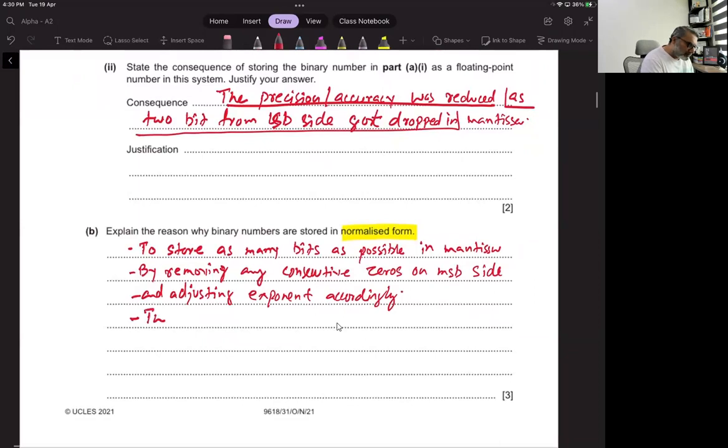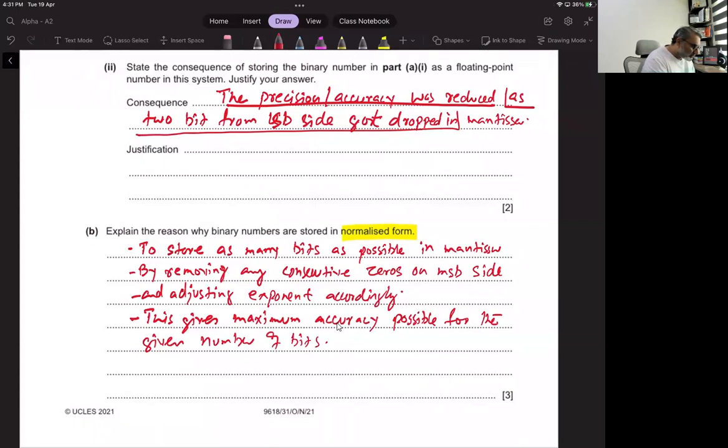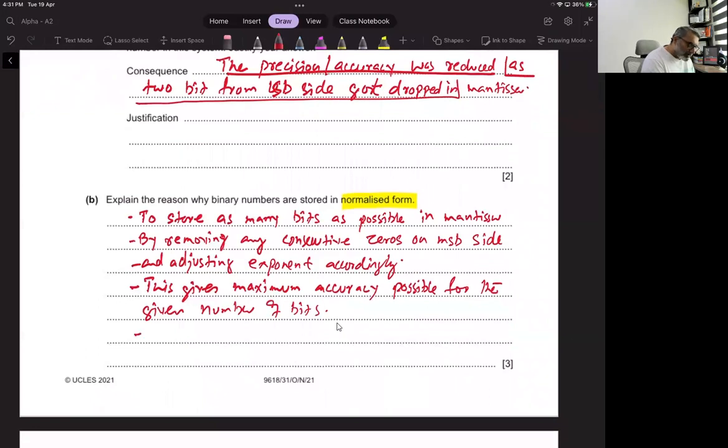This gives maximum accuracy possible for the given number of bits, and enables us to store maximum number possible.